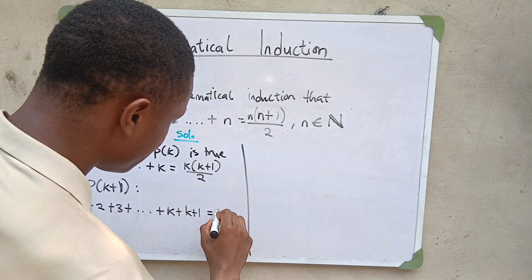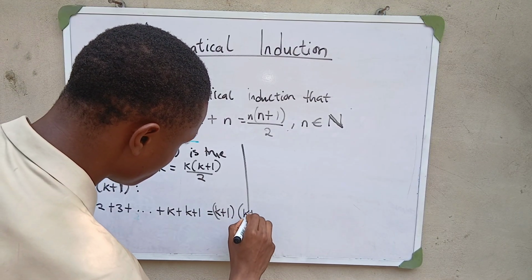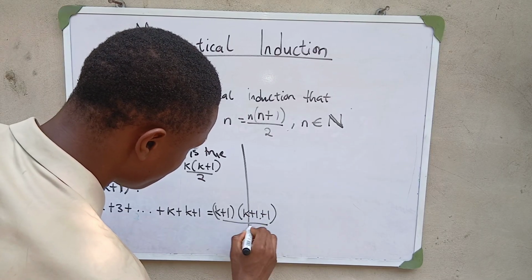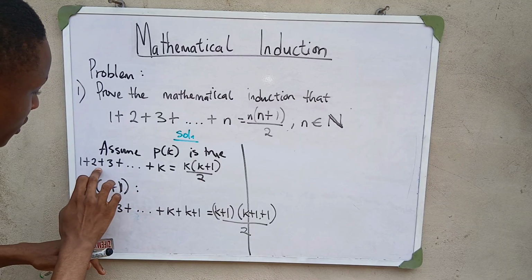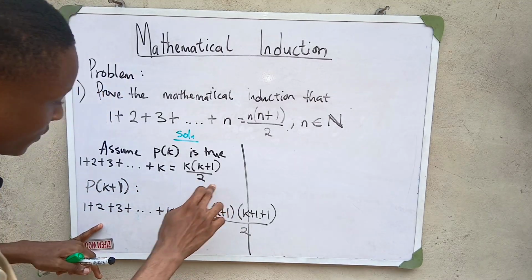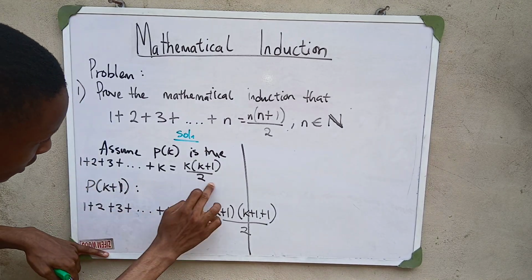So we have k plus 1 into k plus 1 plus 1 all over 2. We assume that 1 plus 2 plus 3 plus dot dot dot plus k is equal to this. Since we have assumed this, that means this is equal to this value.